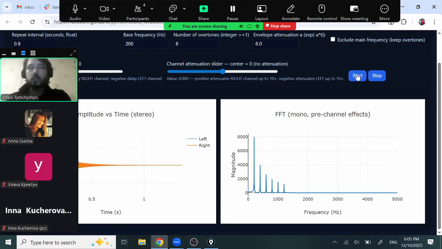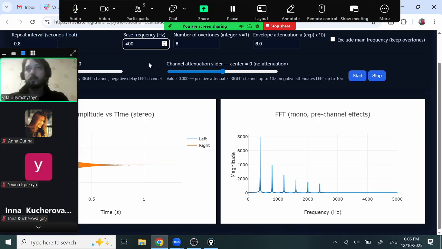So I will start it and exclude the main frequency, and we will hear almost no change. So maybe it works better with a bit higher frequencies. Let's try this.